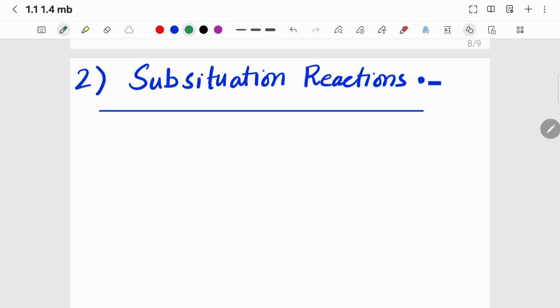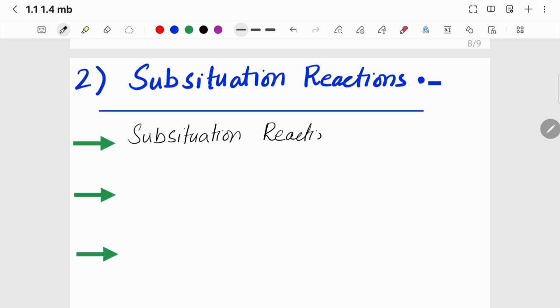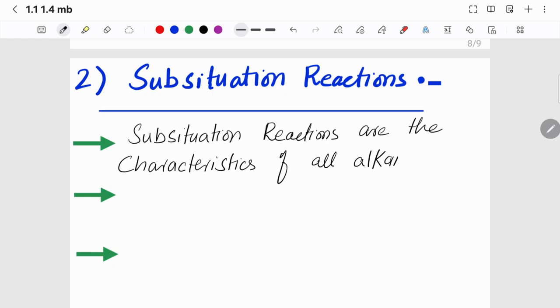Let me write. Okay, so the first thing is substitution reactions are the characteristics of all alkanes.